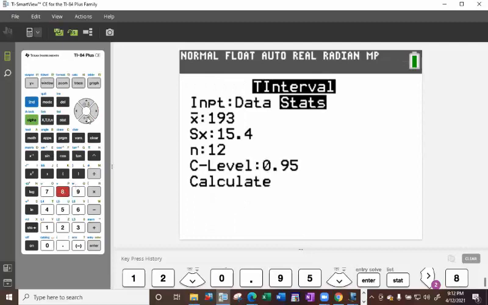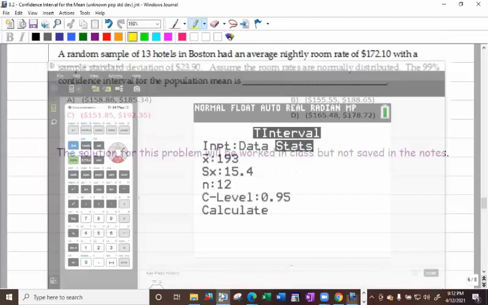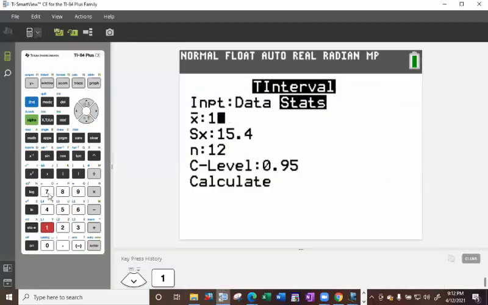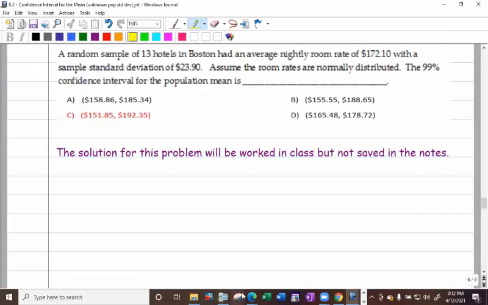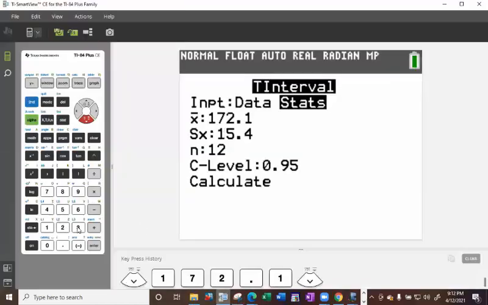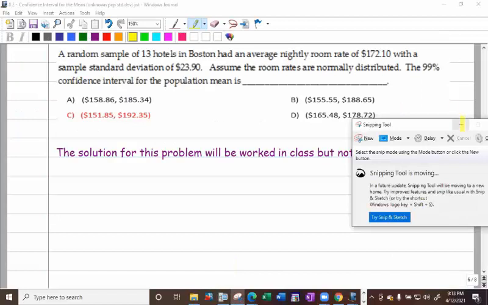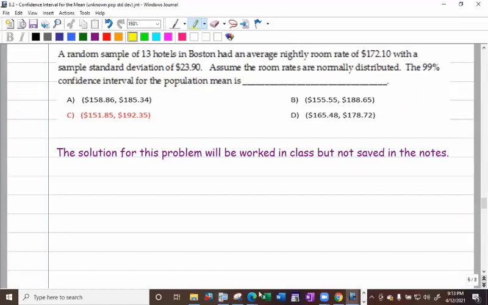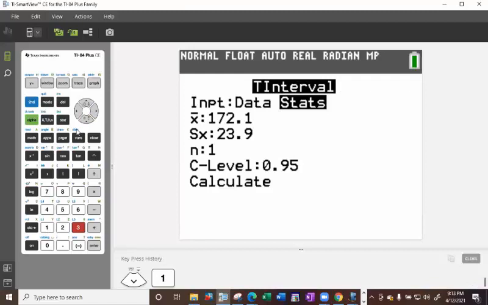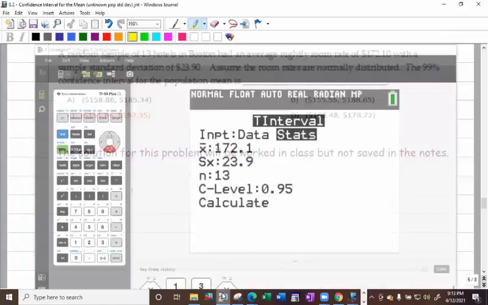You just tell it what n is, and it takes care of the rest. So 172.10, and standard deviation is 23.90. Don't need that. n is 13. Confidence level was 99.